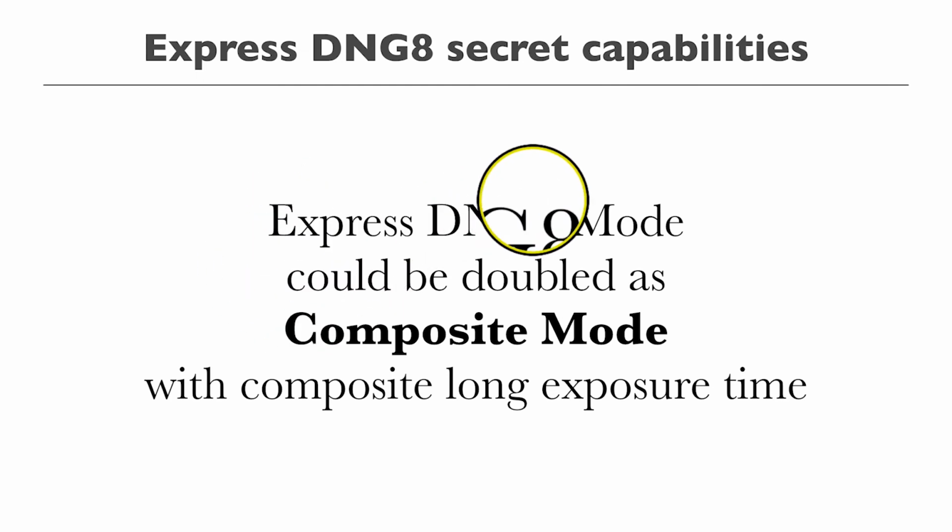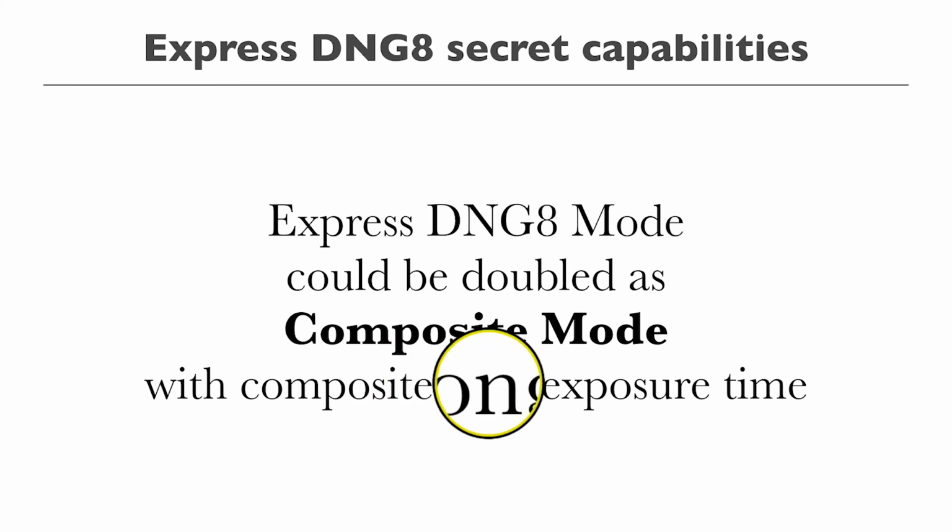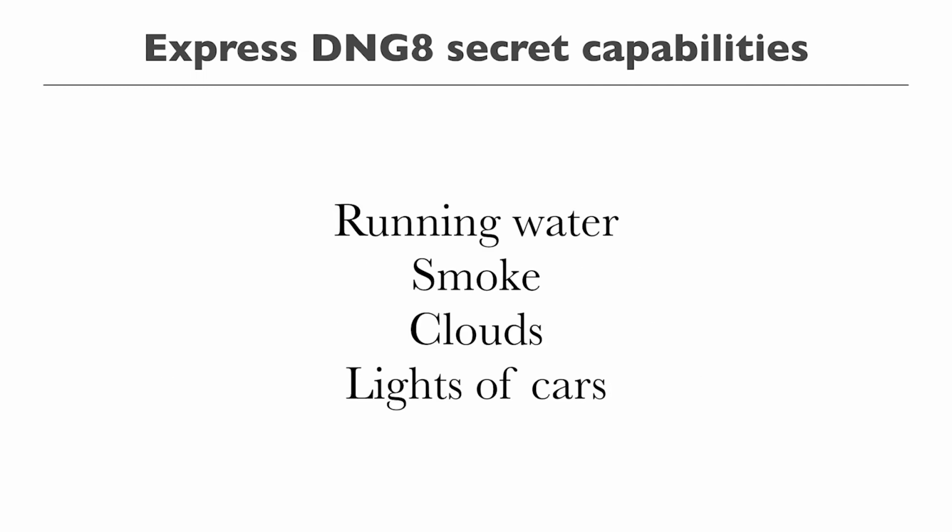The Express DNG8 mode could also double as a composite mode on QooCam, with composite long exposure, composite water, composite cloud, composite light trails. So with Express DNG8, it is very suitable for shooting running water, smoke, clouds, and light trails. And the point is you have to keep your camera very stable.